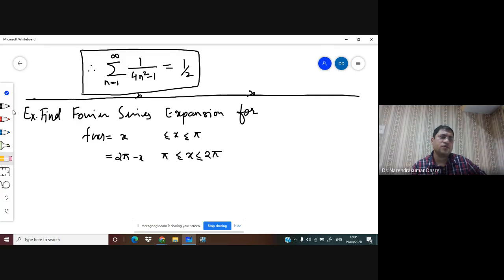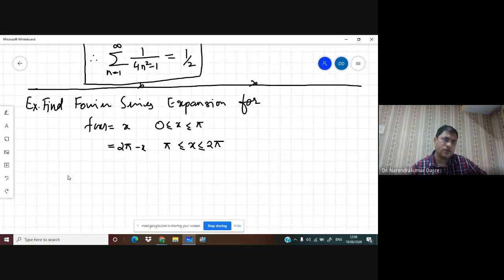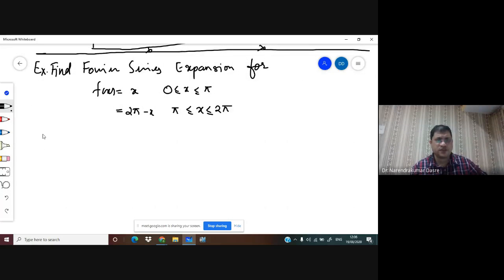Okay, so that's what we have. Now we want to find the Fourier series expansion for this function. So we go with the solution.